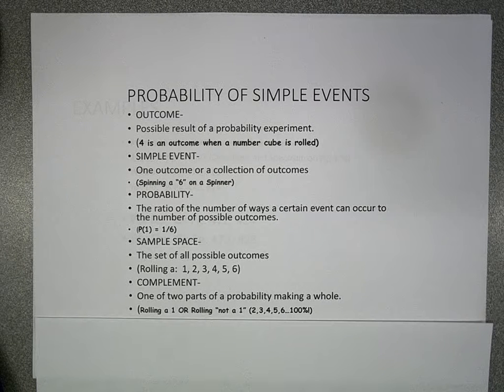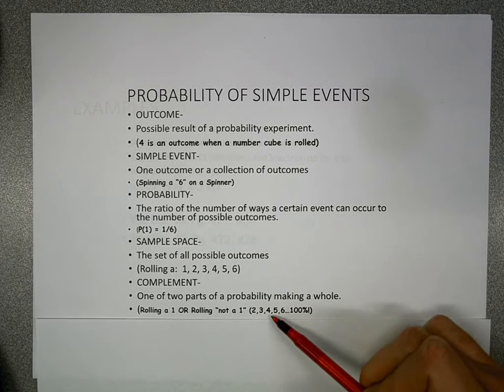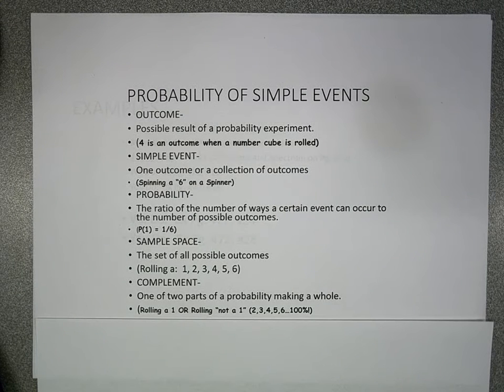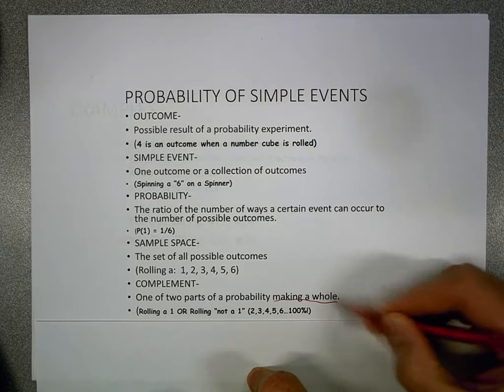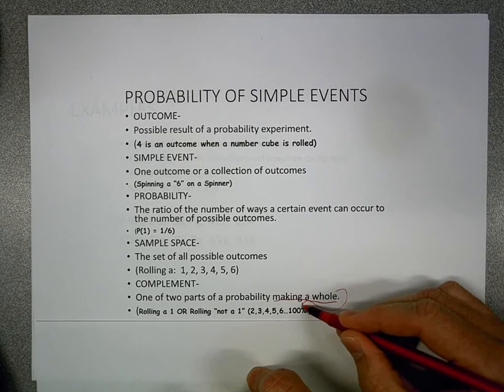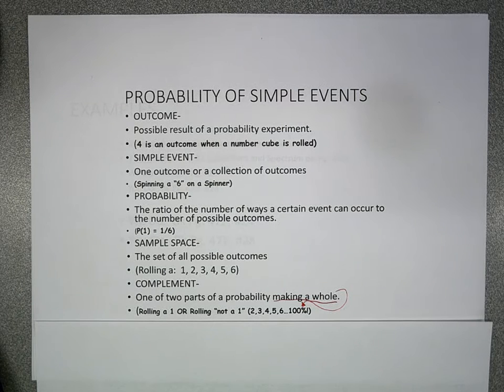Rolling something that's not a 1 means rolling a 2, a 3, a 4, a 5, or a 6. Why it says making a whole is, of course, all of it. If you were to add them together, you'd have a 100% chance of winning. You win if you roll a 1, and you win if you roll something that's not a 1. Well, that's everything. That's 100%. That's the whole point. Complements, when you put them together, mean the whole thing. It's pretty much the whole sample space.